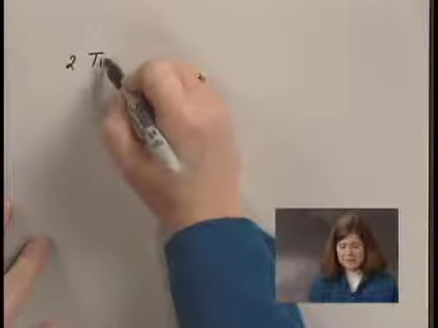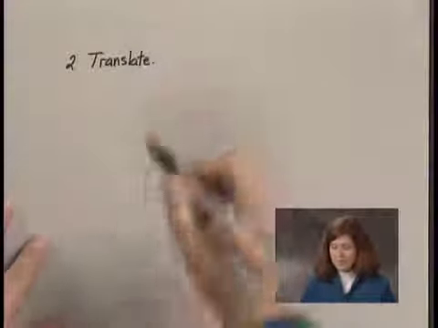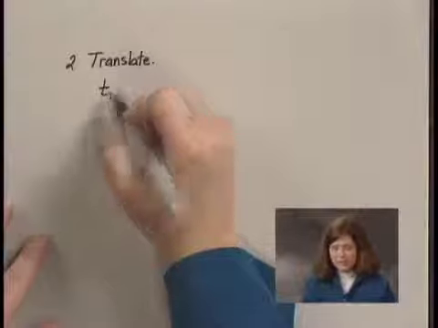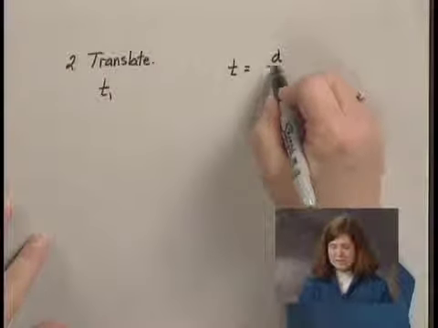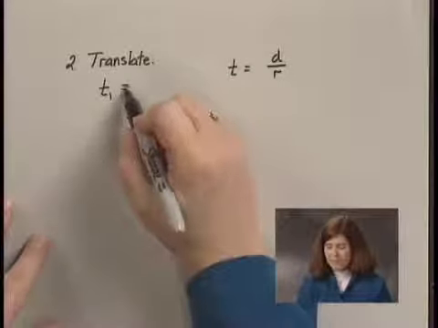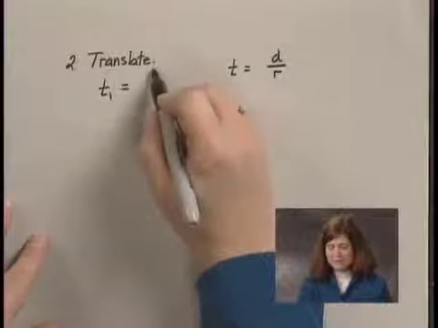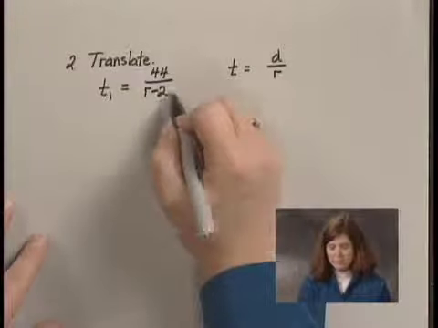And I translate each row of the table. For each time, I'm going to use time equals distance divided by the rate or the speed. The first time, or the time upstream, is the distance upstream divided by the rate upstream.